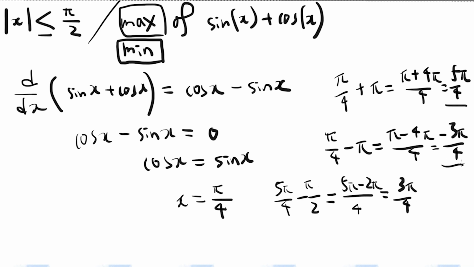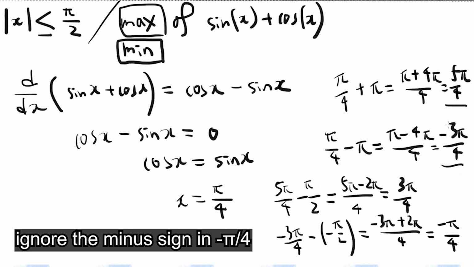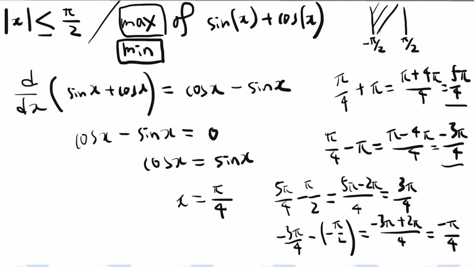And what is the distance between this point and minus pi over 2? So we know that minus 3 pi over 4 is closer to minus pi over 2 than 5 pi over 4 is to pi over 2. This is the domain of x we are concerned with. And let's say 5 pi over 4 lies here.